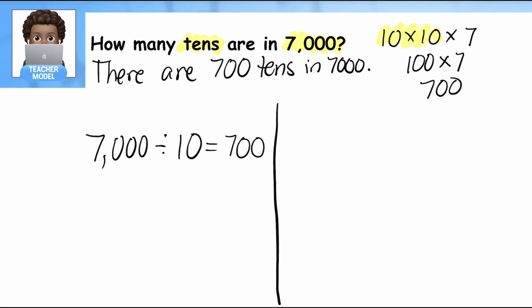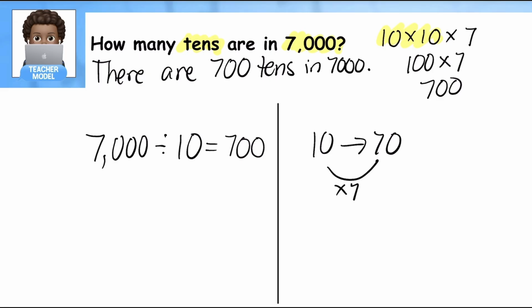I've also seen some kids solve this very linearly and just think, well, I don't want to draw a chart, but I know that 10, if I just multiply it by 7, I'm going to get 70. If they have 10, I can get to 70 just by multiplying by 7. And they may automatically see I just need 2 more zeros, 1, 2.